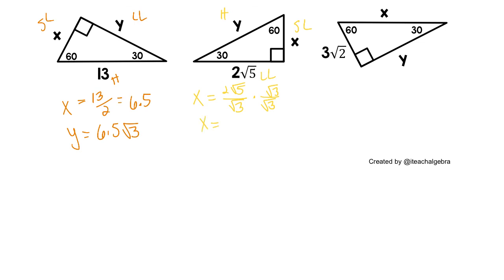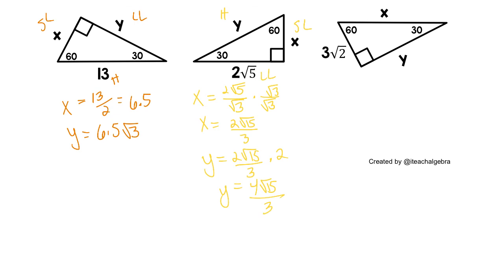That's going to become 2 square root of 15 over 3. That's as good as it gets. Just leave it just like that. The hypotenuse is going to be twice that. So we do 2 square root of 15 over 3. Multiply that by 2, and we get y is 4 square root of 15 over 3.